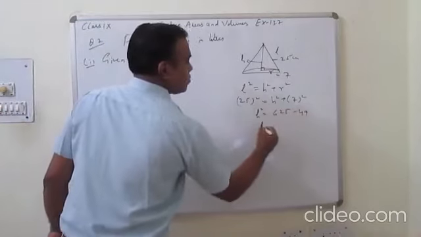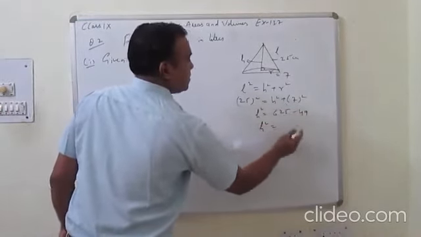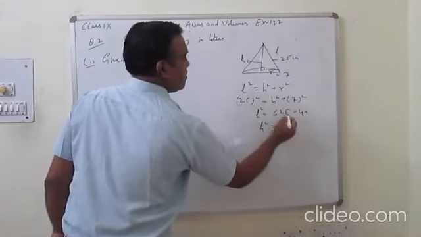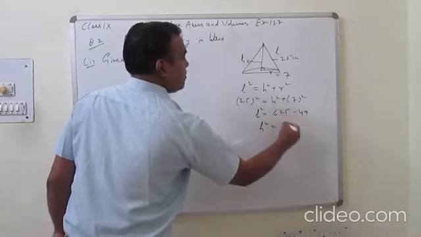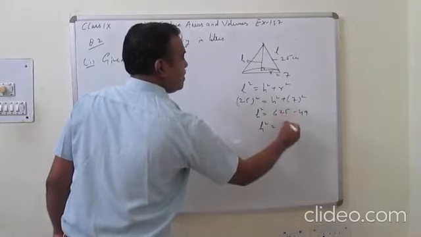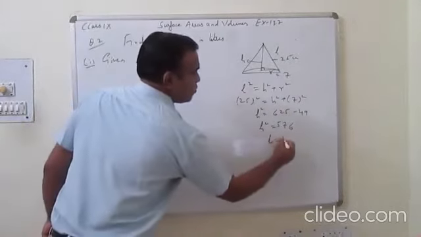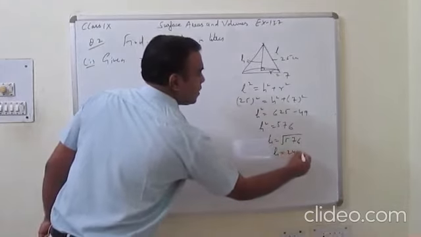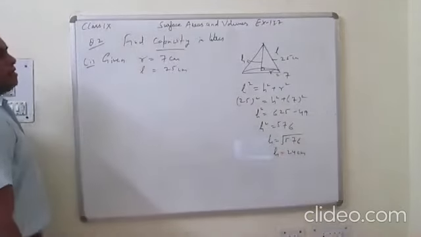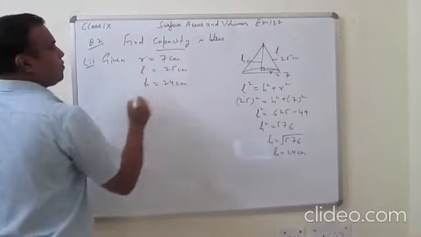So h square is equal to, subtract कीजिए, 576. Taking square root of 576, it becomes 24 सेंटीमीटर. हाइट कितनी आ गई? 24. So h is now 24.